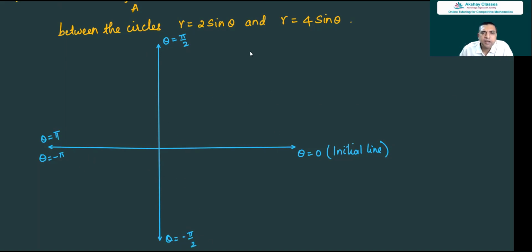Now, when theta equal to 0, r is 0. Let us plot this one, 2 sine theta. When theta equal to pi by 2, r is equal to 2. And when theta equal to pi, r will be 0. The r value cannot be negative.